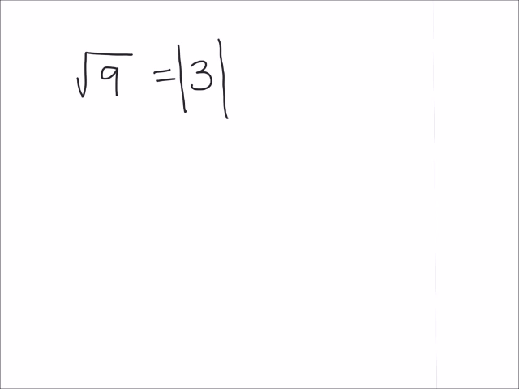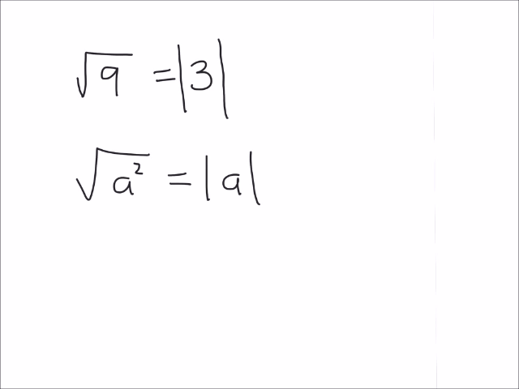So the true definition of square root is actually the positive root. And so the real definition is the square root of 9 is actually equal to the absolute value of 3. And algebraically, it looks more like this. We say the square root of a squared is equal to the absolute value of a.